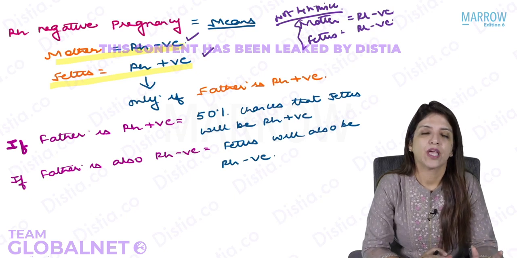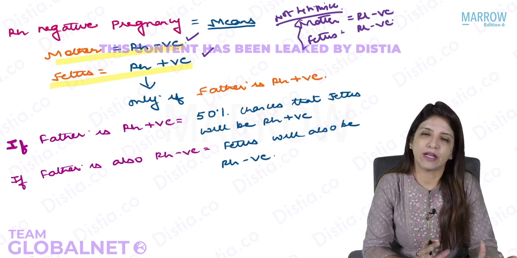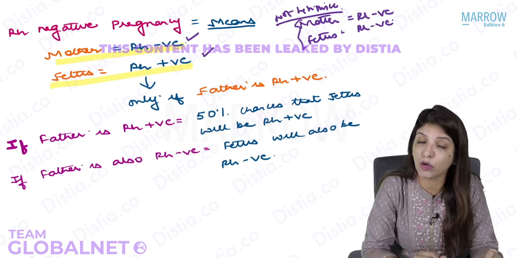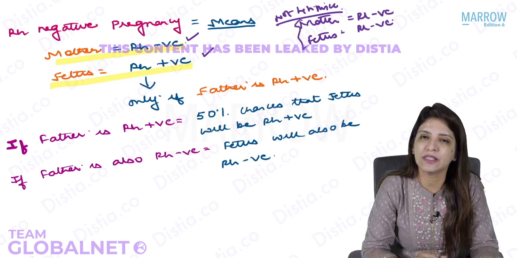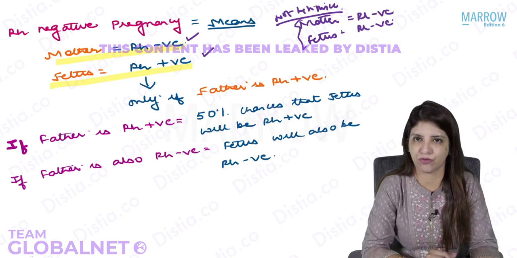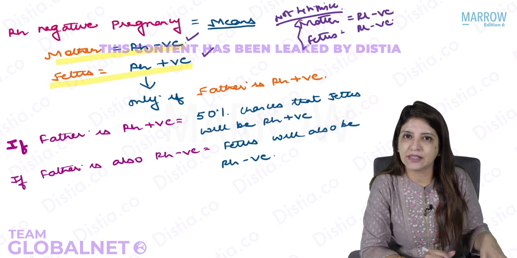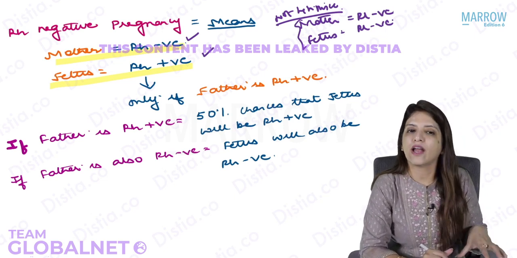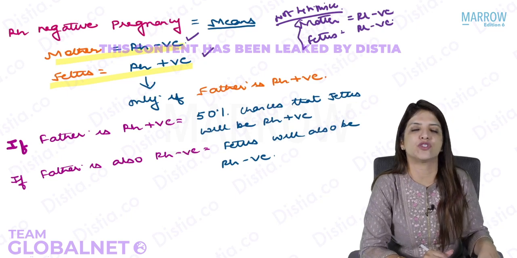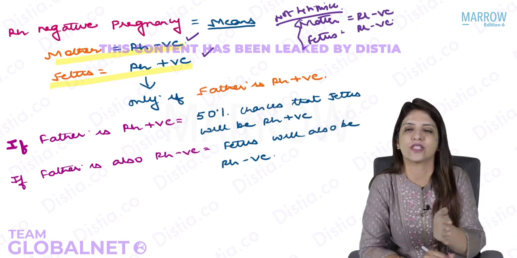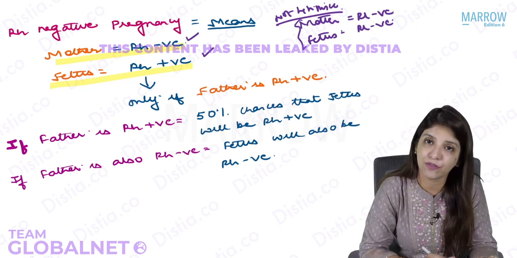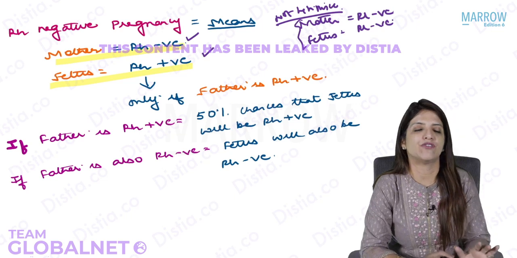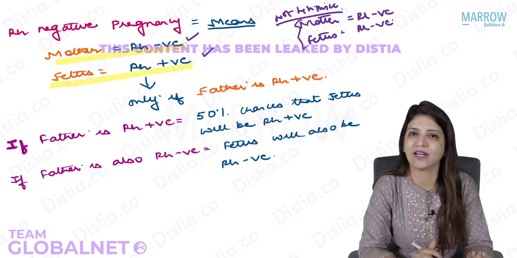Now tell me, if mother is Rh negative, why is the fetus Rh positive? How is that possible? This is possible because the father is Rh positive. So if mother is Rh negative and father is Rh positive, there are 50% chances that the fetus will be Rh positive and 50% chances that the fetus will be Rh negative. And I am telling you that if mother is Rh negative and fetus is Rh positive, that is a problematic case.